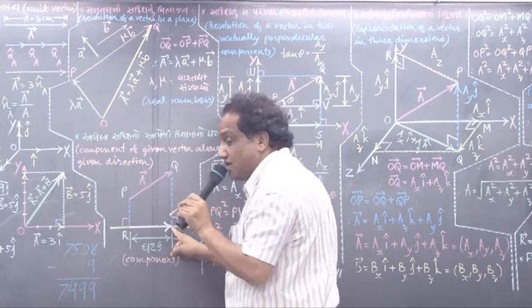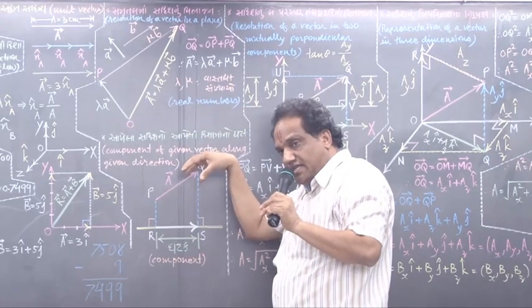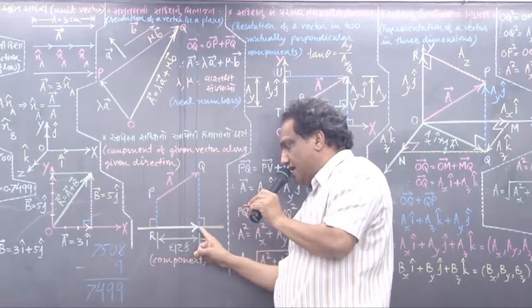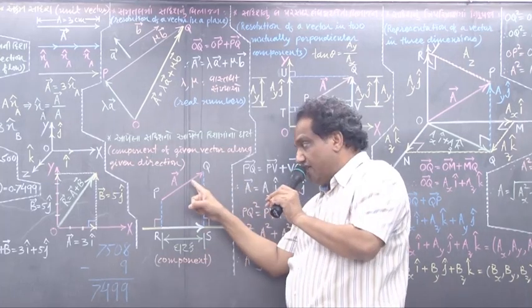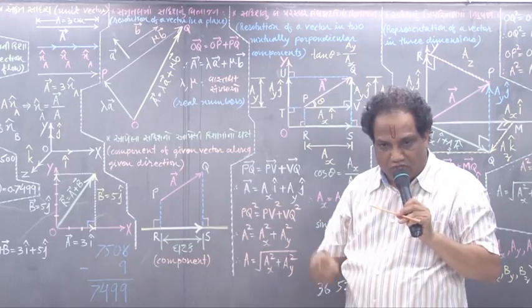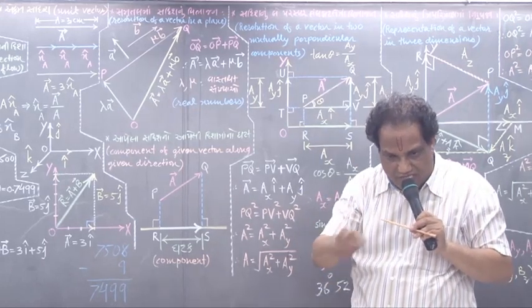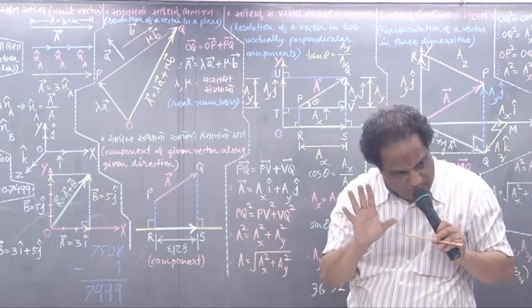It's a shadow. Because you are projecting the light, you get a shadow in this much length. It is called the projection of this vector along this direction. So the distance RS is also known as projection. It is also called component.